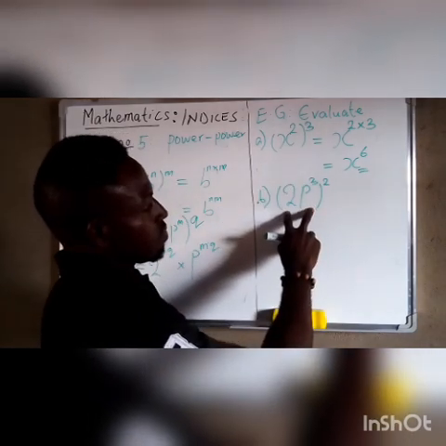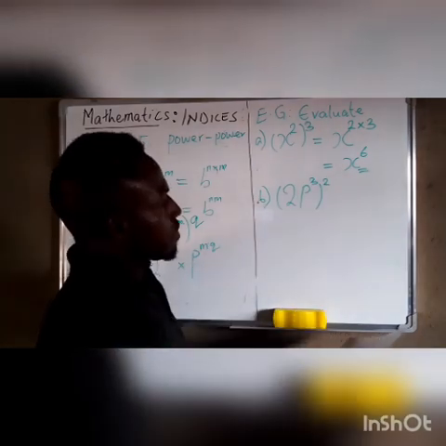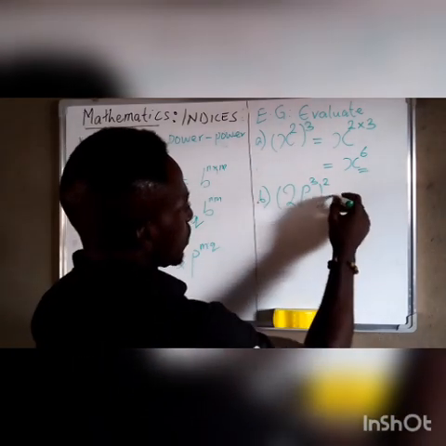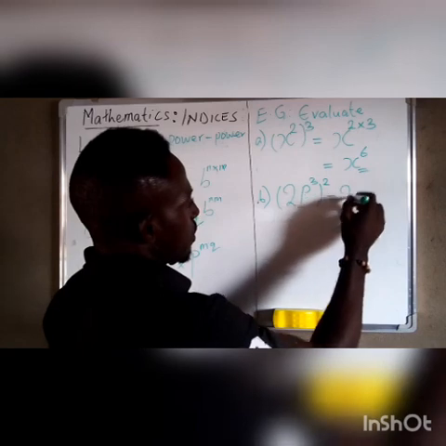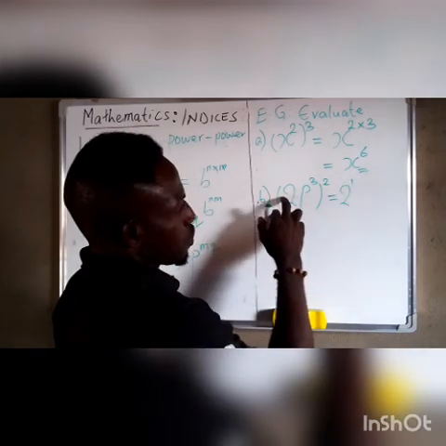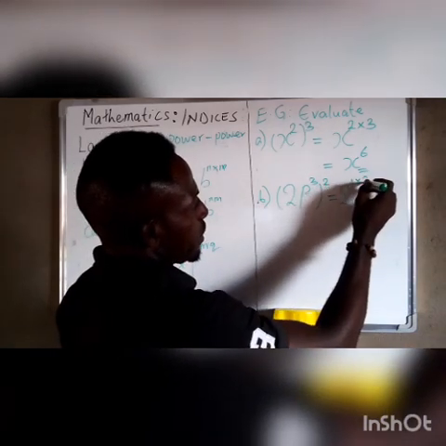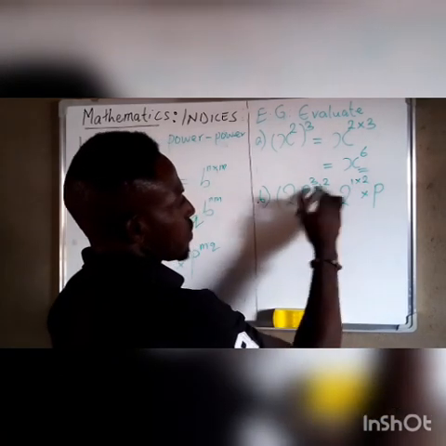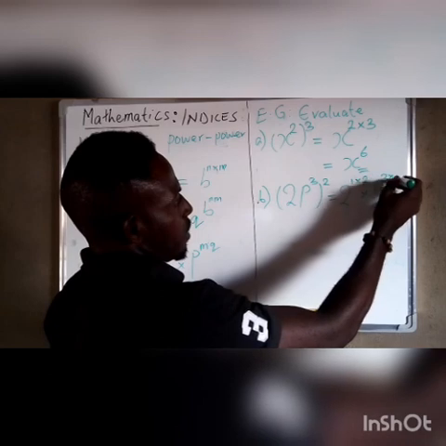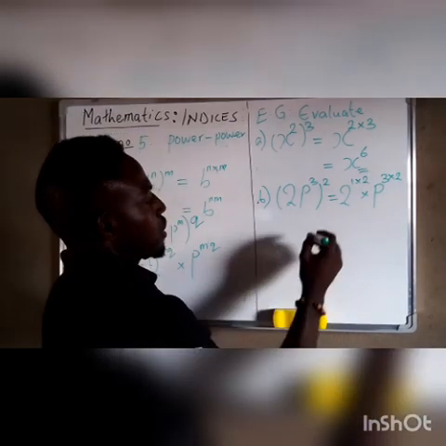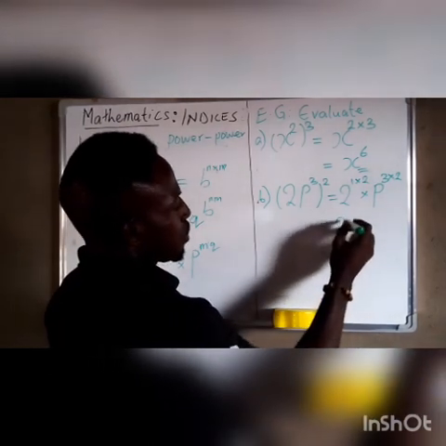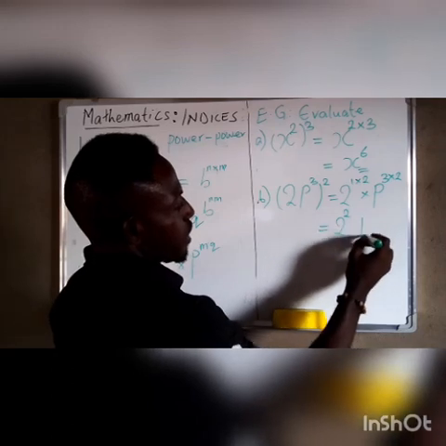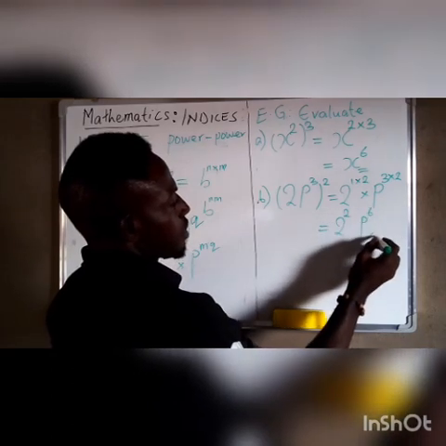So we apply our power law. The initial power of 2 is 1, multiplied by this 2, and then p. The first power of p is 3, multiplied by 2. Therefore we have 2 raised to the power of 2 and p raised to the power of 6, and that becomes our final answer.